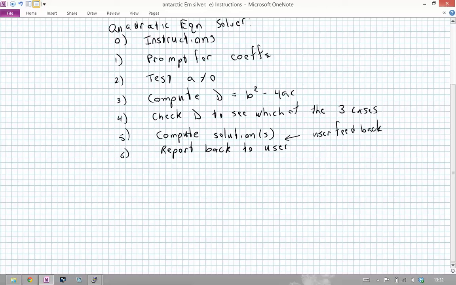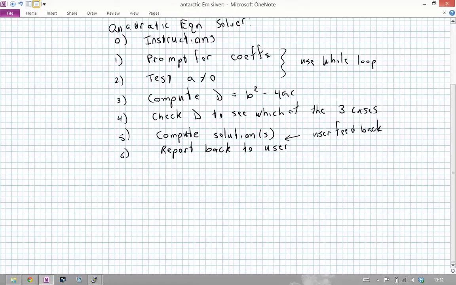The second one, prompt for coefficients in step 1 and step 2, test for A not equal to 0. We've talked about how this is going to happen, right? This is going to use a loop, just like the one that I used when I was asking for even numbers.